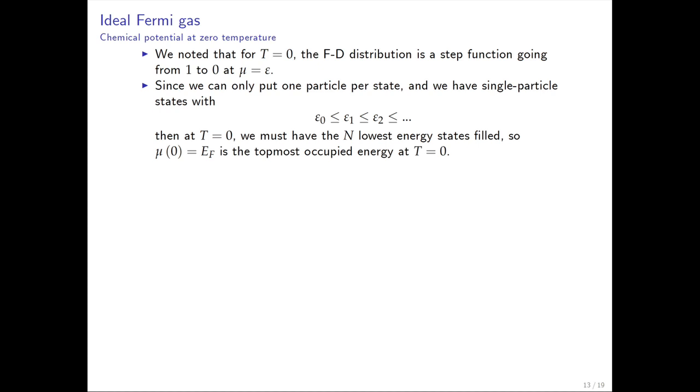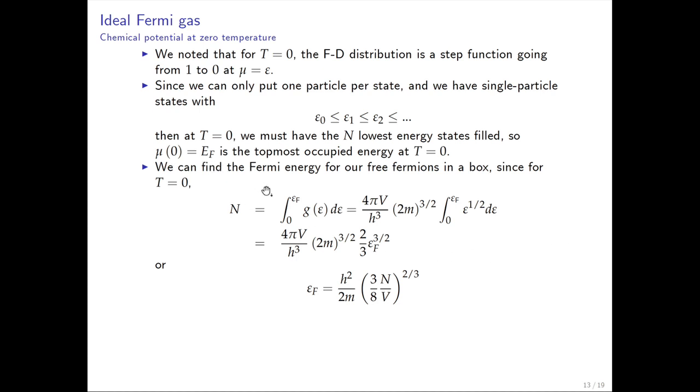And that means that, for energies below the Fermi energy, this Fermi-Dirac distribution will equal 1, and it will drop rapidly to 0 at the Fermi energy, which is just saying that we've filled the N lowest energy states. And so it's very simple to get the chemical potential at 0 temperature. It's just the topmost occupied energy. That's the Fermi energy.